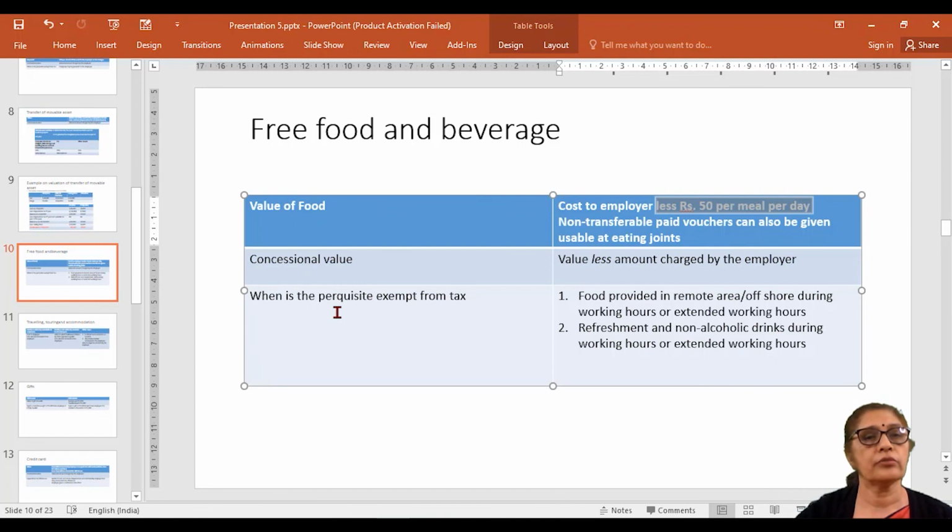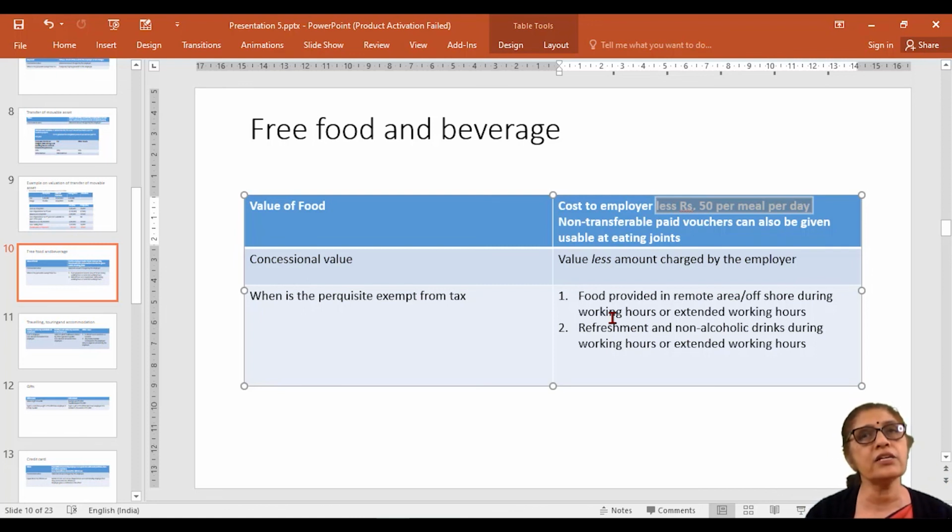And this perquisite is totally exempt if the food is provided in a remote area or an offshore site during working hours or during extended work. So at the working place it is taxable beyond 50 rupees.